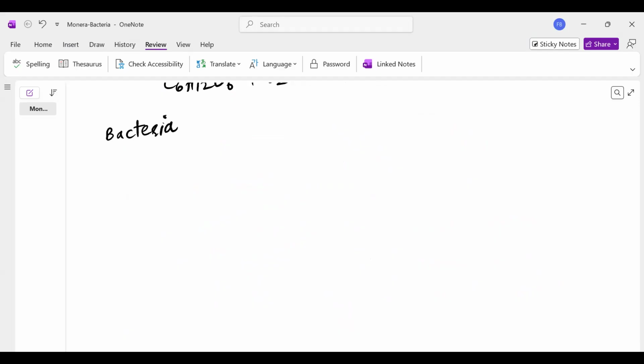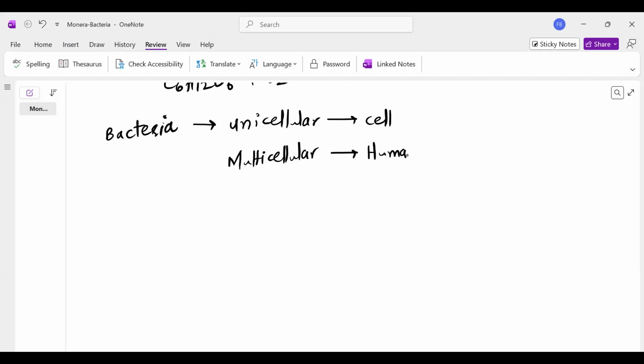In bacteria, you even have unicellular bacteria. Unicellular means the organism in which there is just one cell present. That whole organism is made up of just one cell. And similarly, we have multicellular organisms. Multicellular means just like human beings, we have many cells, millions of cells.